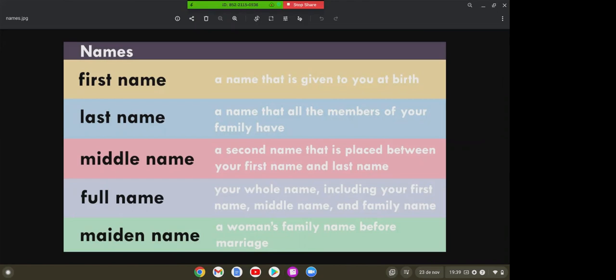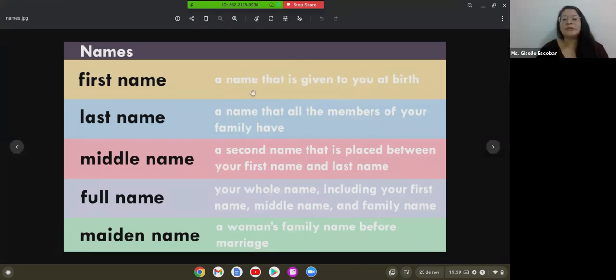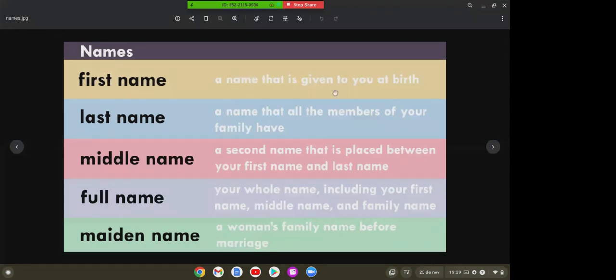Yes. Okay, so it says names, and here we have some descriptions. First name, a name that is given to you at birth. Un nombre que te es dado al nacer.